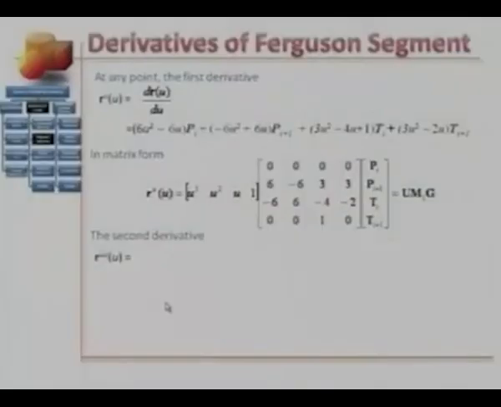If you compute the second derivative, R super uu of u, which is d2r over du squared, that is given by (12u minus 6) times pi plus (minus 12u plus 6) times pi plus 1 plus (6u minus 4) times ti plus (6u minus 2) times ti plus 1.